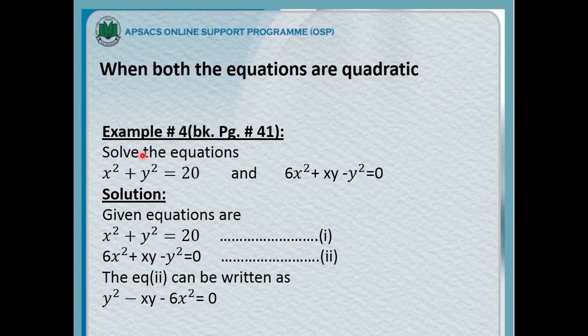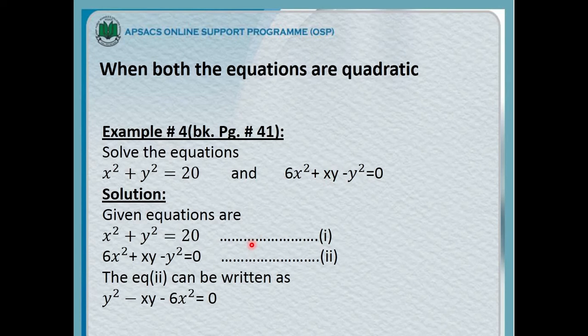Now I am going to explain example number 4 on book page number 41, in which both equations are quadratic. The first equation contains x square plus y square equals 20, and the second equation contains a third term that contains both the variables x, y. Let's discuss how to solve such type of equations.